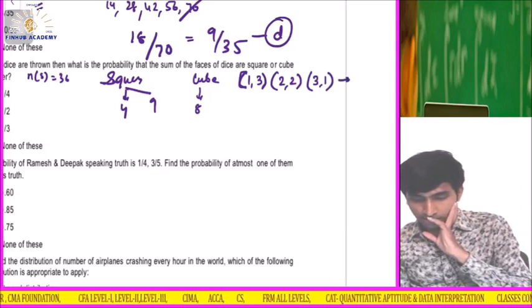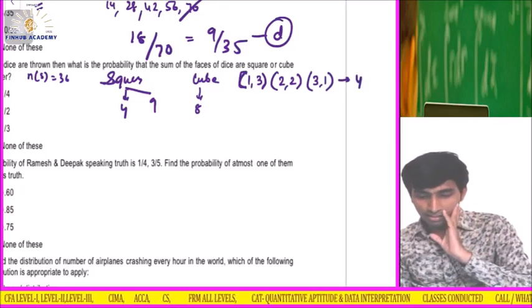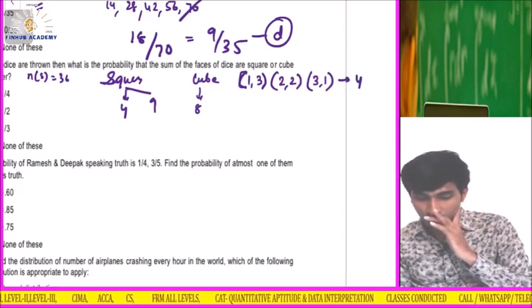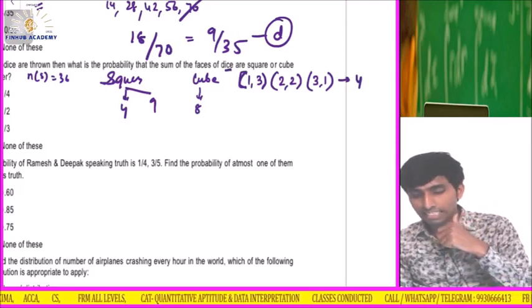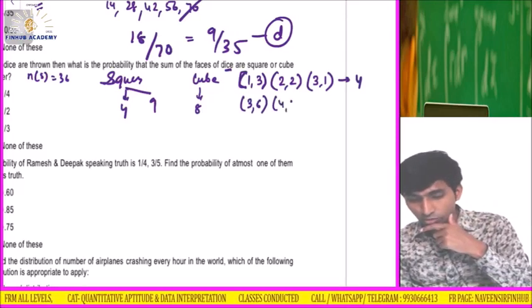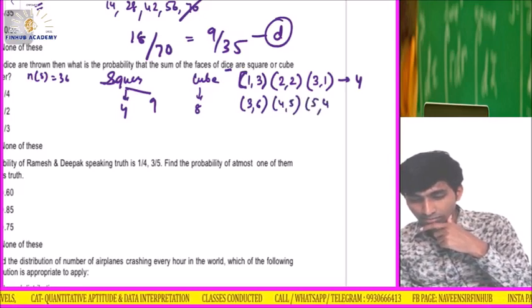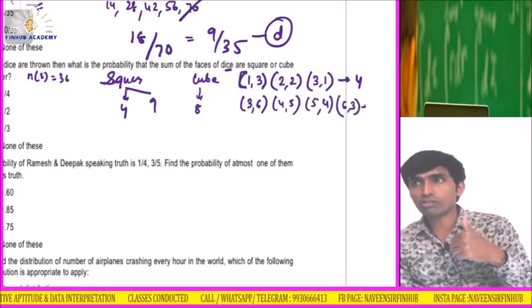This is the sum of the faces of the dice being a square. For 9, if the first one is 3, the next one will be 6. If it is 4, then 5. If it is 5, then 4. And 6 comma 3, so here also it is 4.